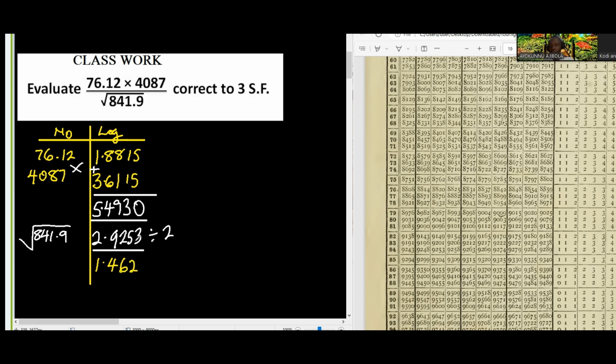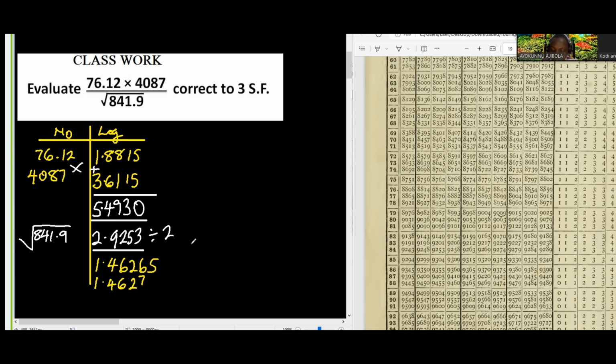Remainder 1, 2 in 13, that's 6. In 10, that's 5. So we can round this one up to 7. Then we have 1.4627, because of the rounding up. Okay, is that clear? Yes, sir.